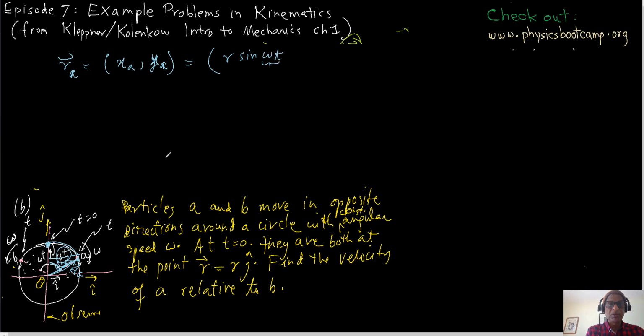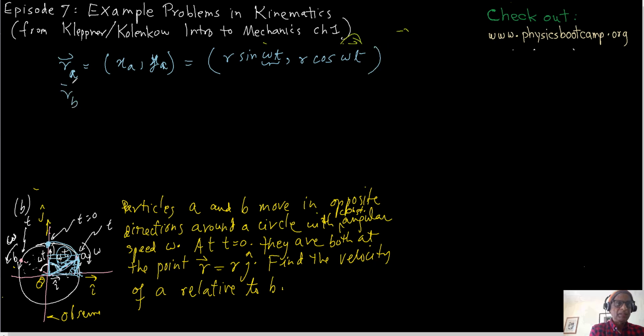Omega t is the amount of angle covered while moving in a circle with angular velocity omega for time t. And the other one is r cosine omega t, and both are positive. This is positive, and this projection is also positive.